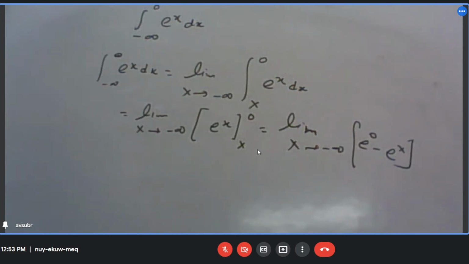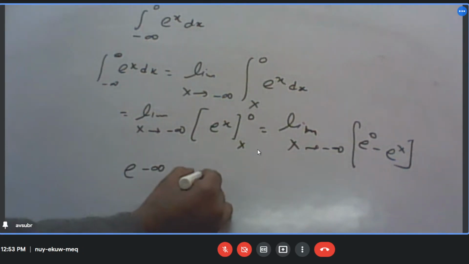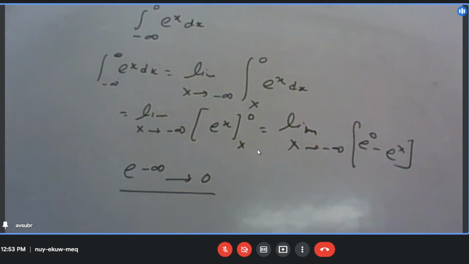And e to the power minus infinity tends to 0, we all know. Those who do not know, let us understand it like this: I can write it as 1 by e to the power infinity.